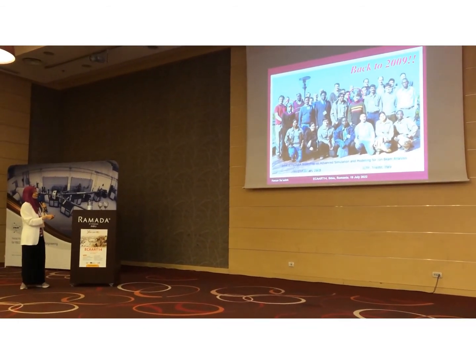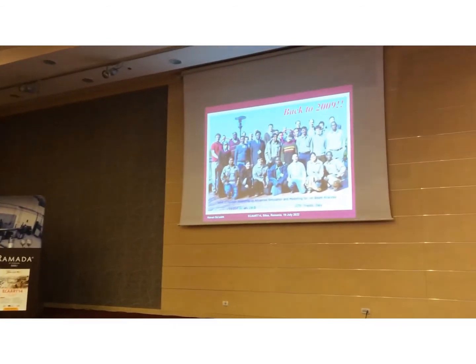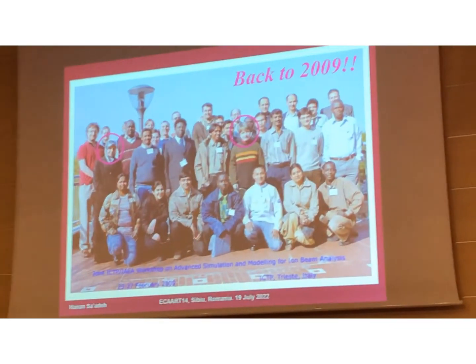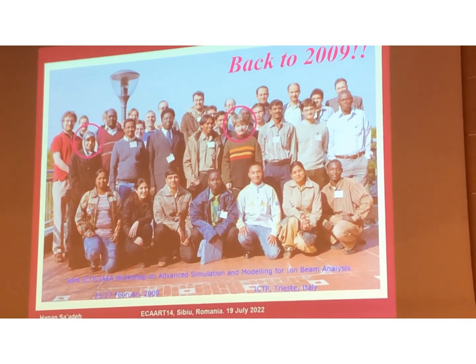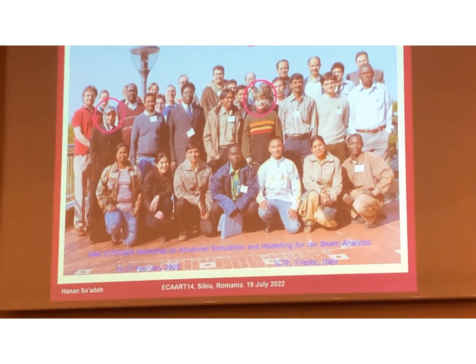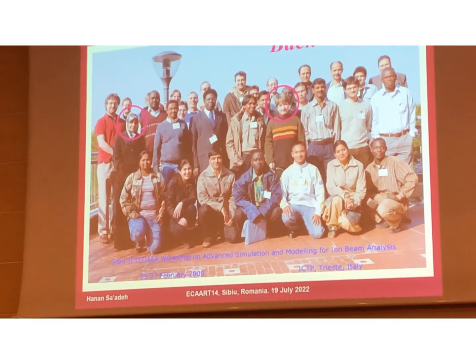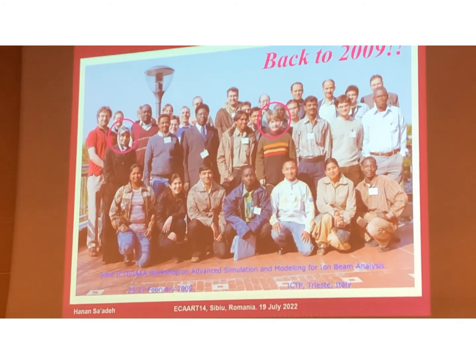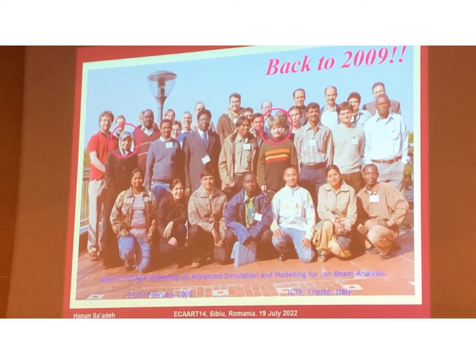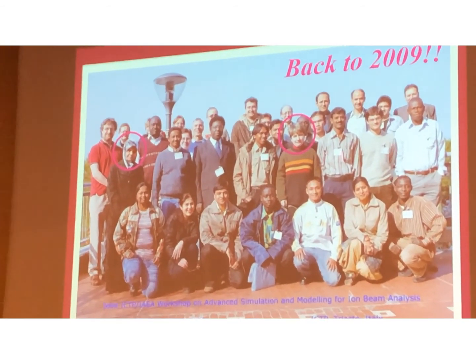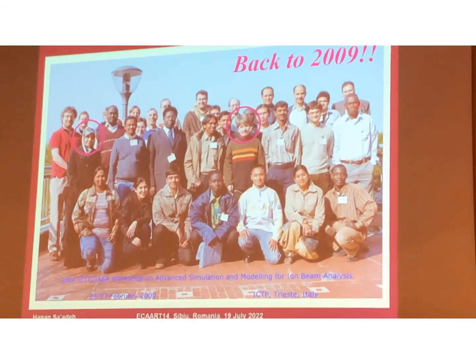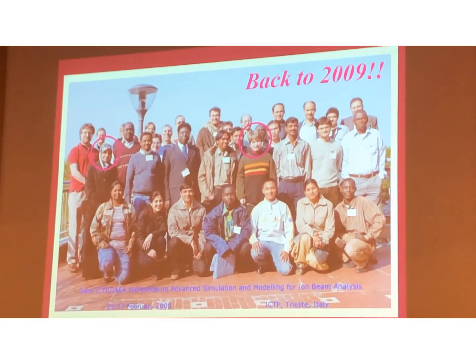And you can see me in the front line, and also if you check the ECAART conference group photo, you will find me in the front line, because I am still short and I'm still young, okay? And if you are tall or senior, even if you are short, you go to the back line. So you can see Kukuris, he's here. Although he was young.